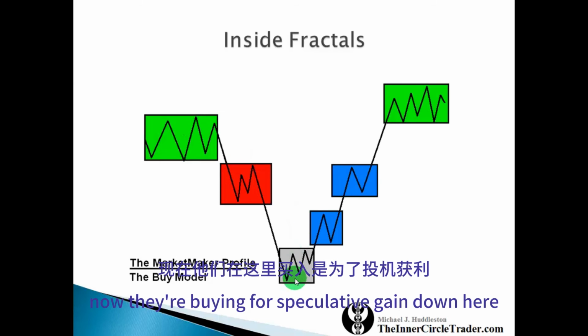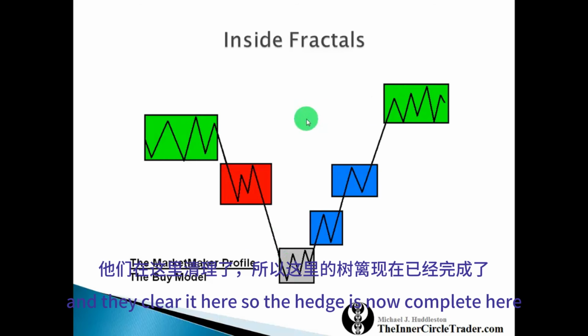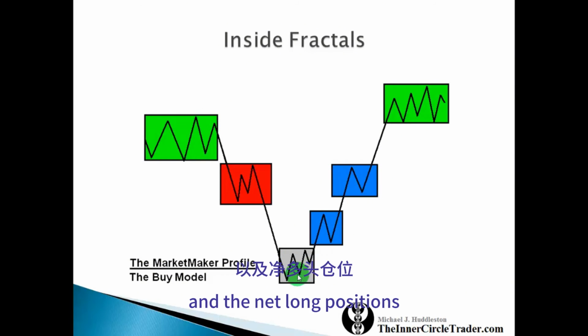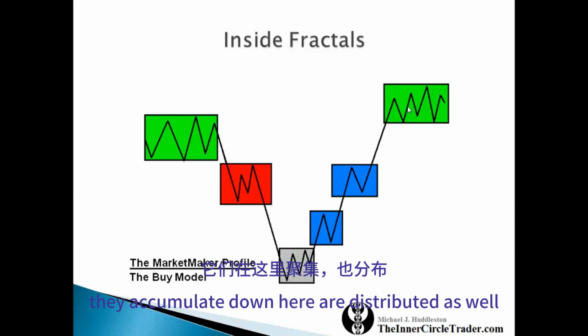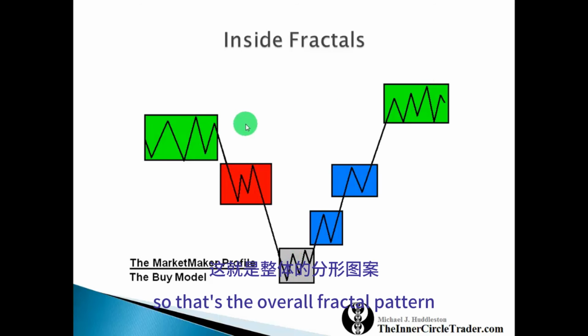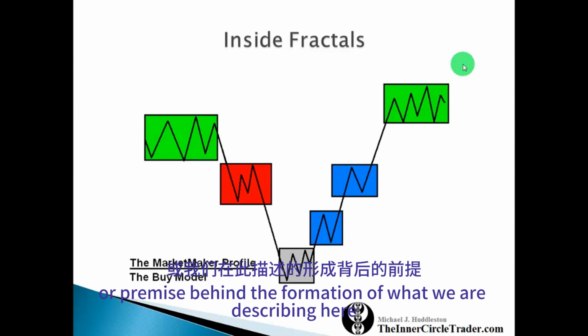Now they're buying for speculative gain down here, and they clear it here. So the hedge is now complete here, and the net long positions they accumulate down here are distributed as well. So that's the overall fractal pattern or premise behind the formation of what we are describing here.